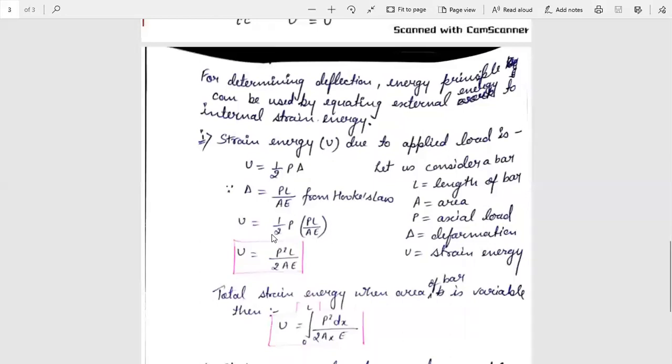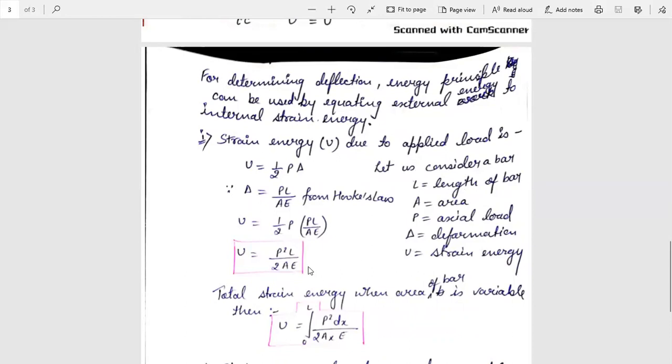U equals 1 by 2 P into PL upon AE. Now U equals P square L upon 2AE, where we can consider a bar in which the length of the bar is L, area is A, axial load is P, del is deformation, and U is strain energy.